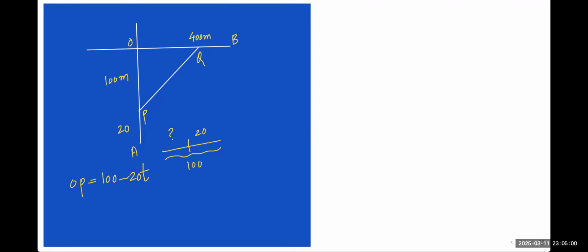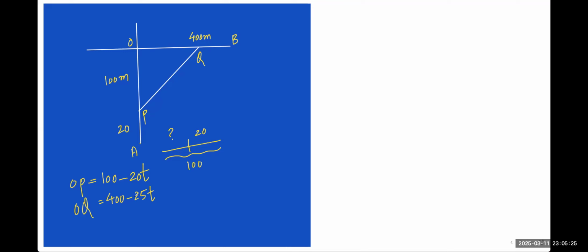So if you simplify this expression, you will get the speed from P to O. But it is asking to find the expression in terms of OP. Similarly, OQ, that is 400 minus 25t. Yeah, I understood it now. This is the first bit answer.